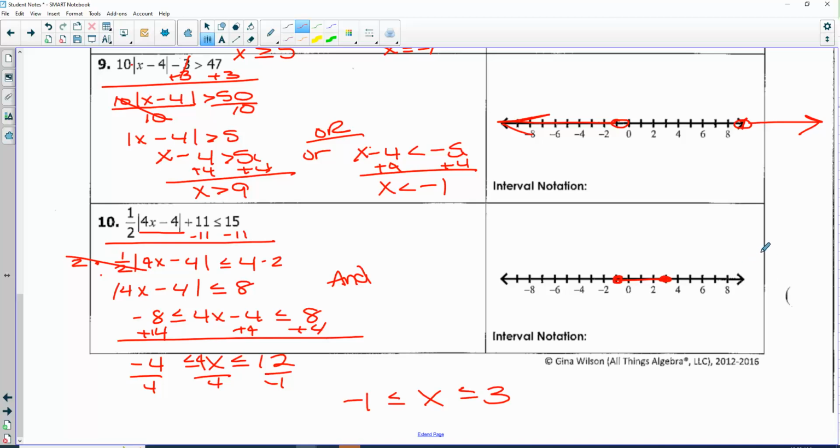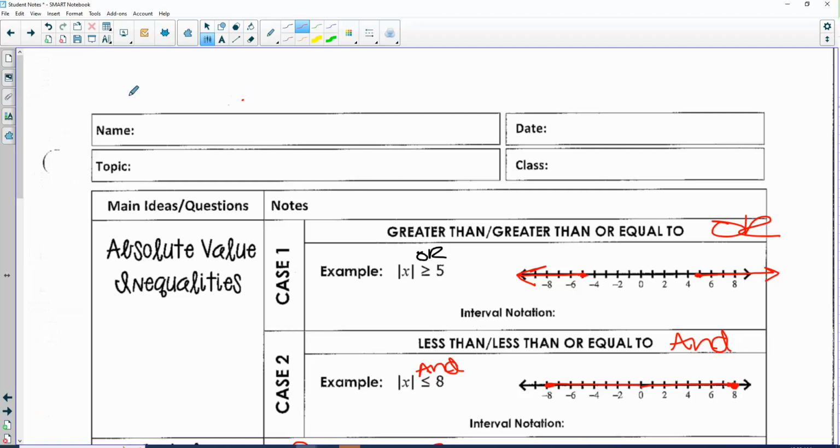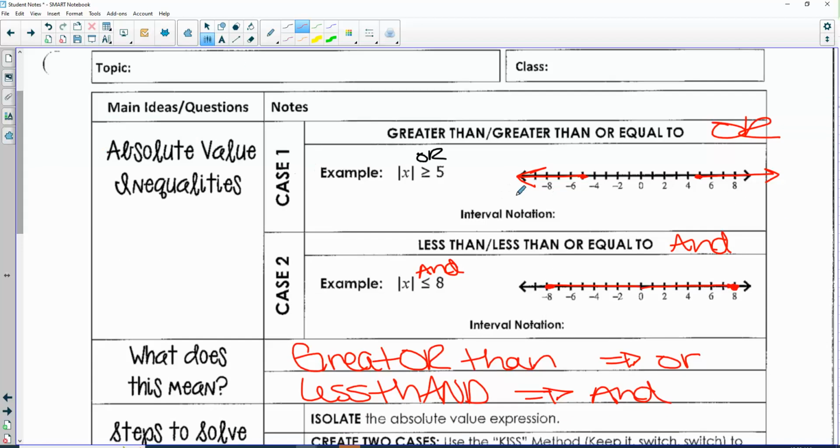Alright, so the big thing is that step where you rewrite it without the absolute values. That's where we are having the most problems. And you need to just think back to this. If it was a greater than, we had two separate pieces.